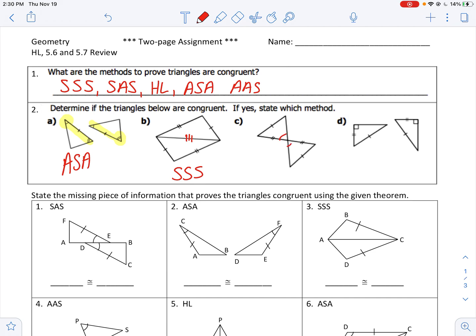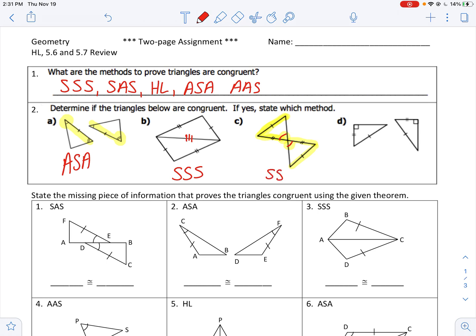On this one we have vertical angles are congruent. And it looks like, again, I start with any side I want. And I'll go to any marked side, I guess. So here's my side. Then I connect to a side and I connect to an angle. Or here I have an angle, I have a side, or I have 2 sides in a row, and then an angle.